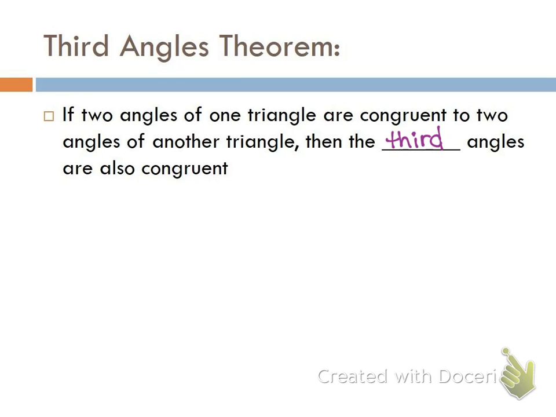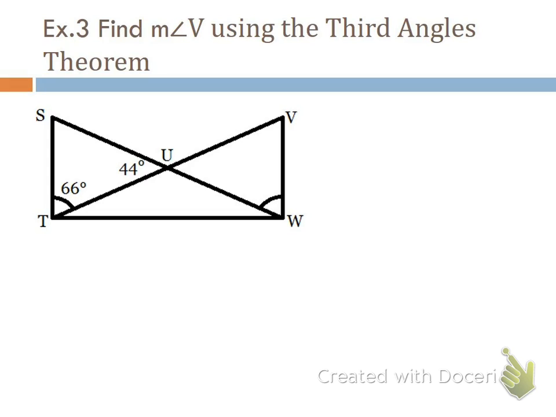And that should make sense. We could prove that knowing the triangle sum theorem, that all three angles would have to add up to 180. Questions, concerns about the third angle theorem? Even though we can prove it, it should kind of just make sense.